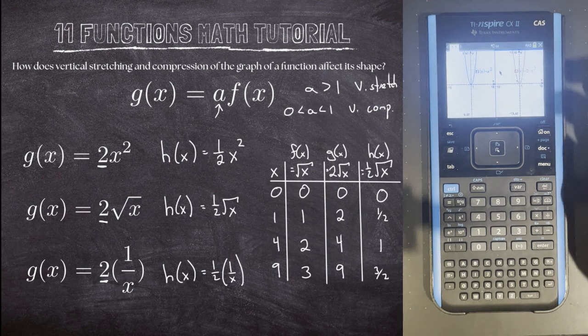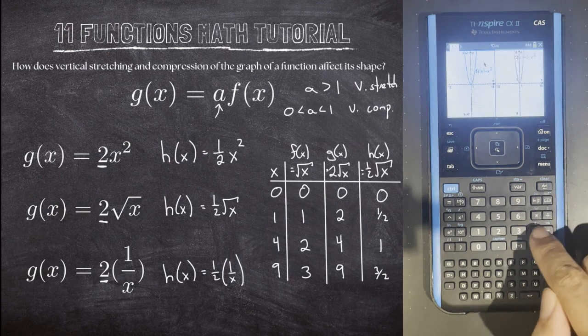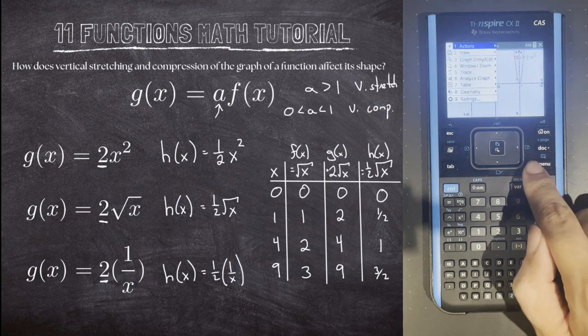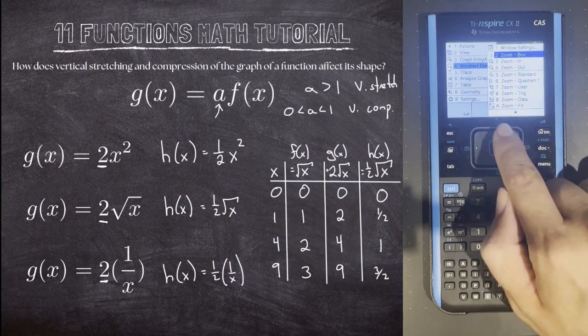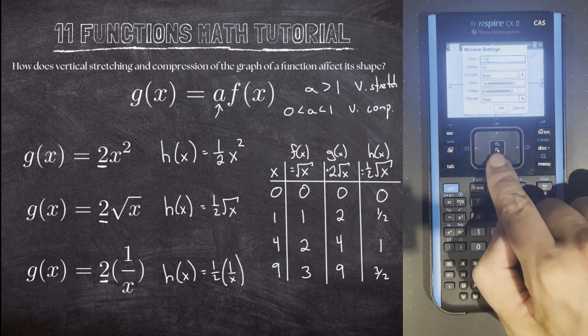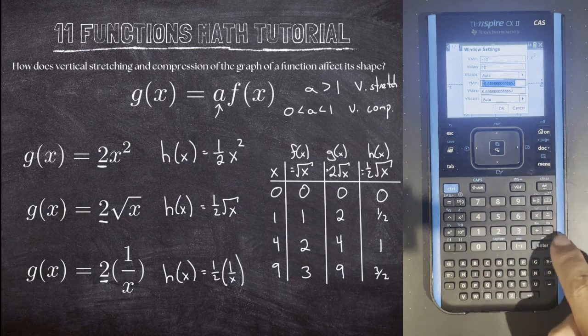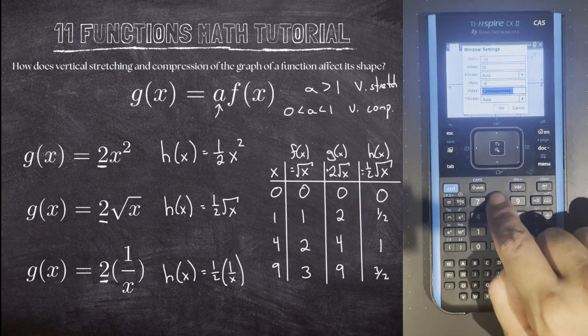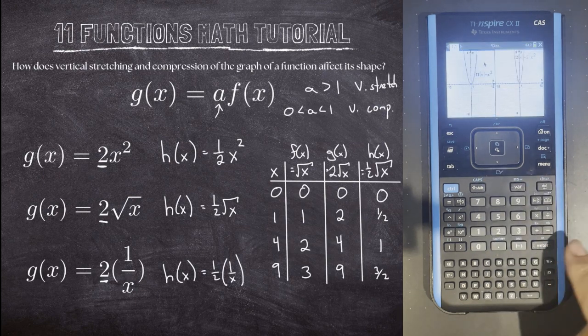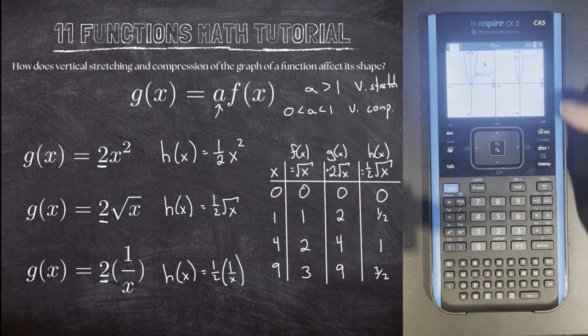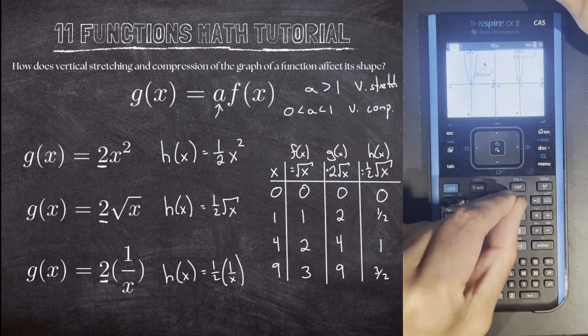So let's change the view. There, so now we can see the y-axis only goes up to 8 on both graphs, and we can clearly see now that our 2x squared graph is being stretched vertically, like that.